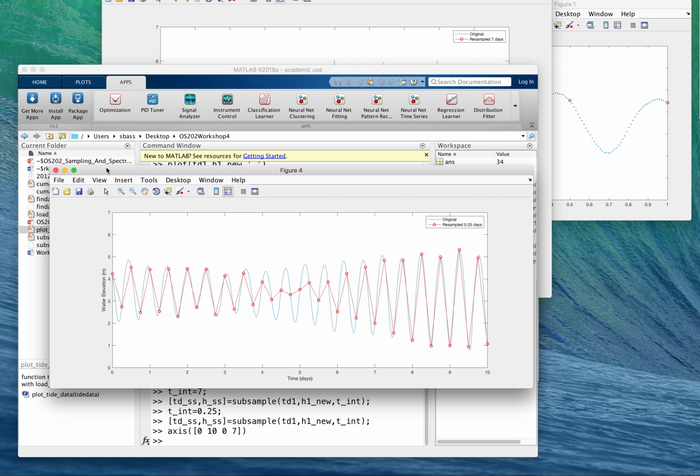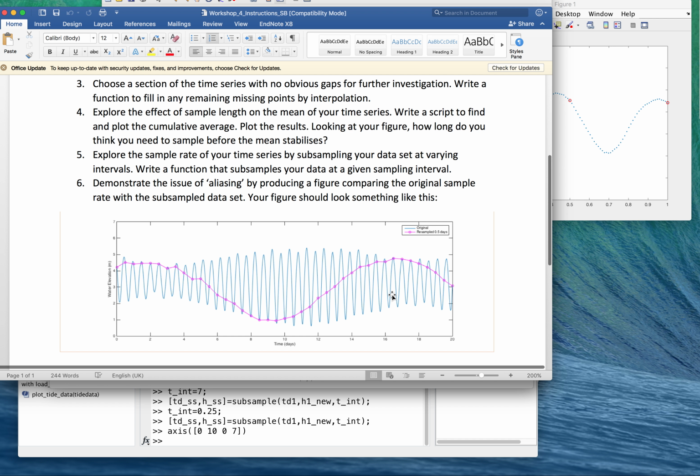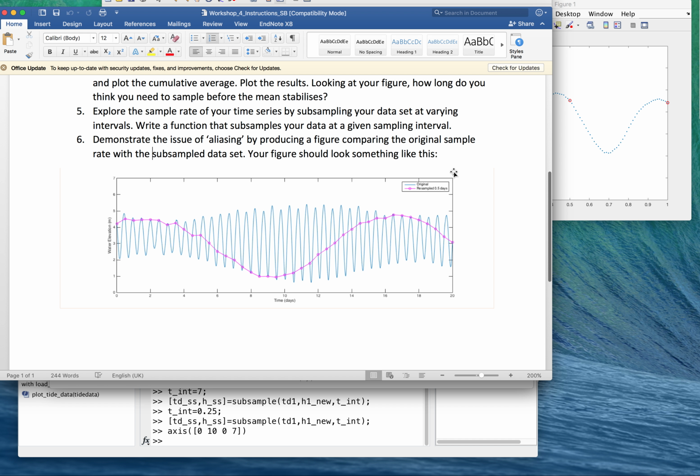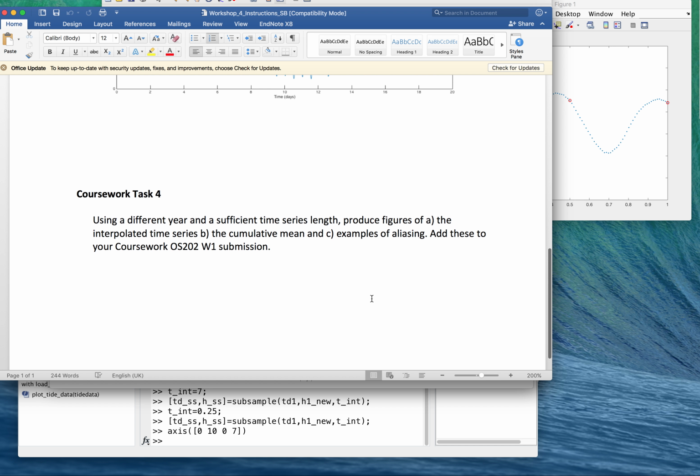Okay, so in terms of your follow-up work then, if we go back to our worksheet, you should demonstrate the issue of aliasing. So this was when it was resampled at 0.5 days and changing the time axis there. So for your coursework, the task 4, do the same thing but use a different year.